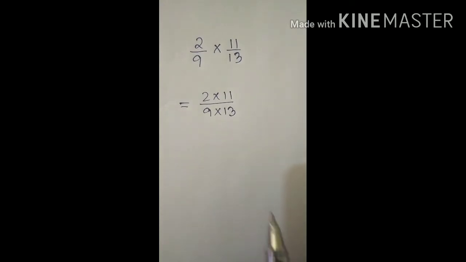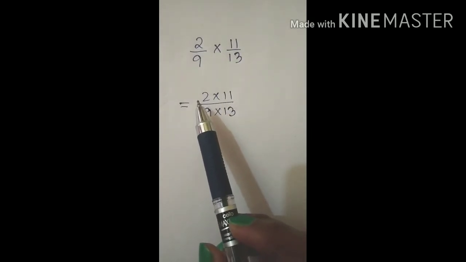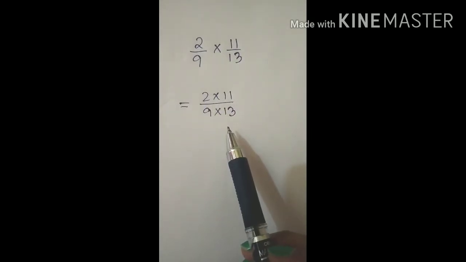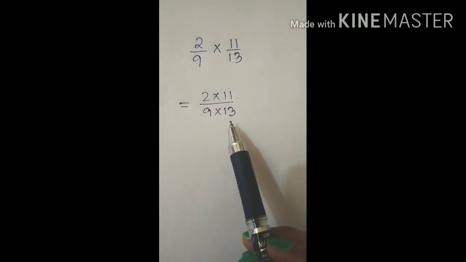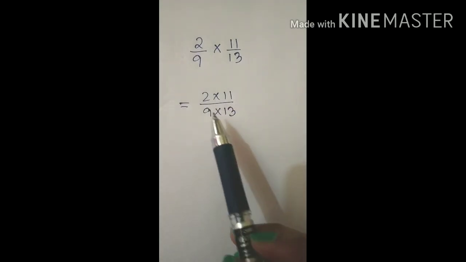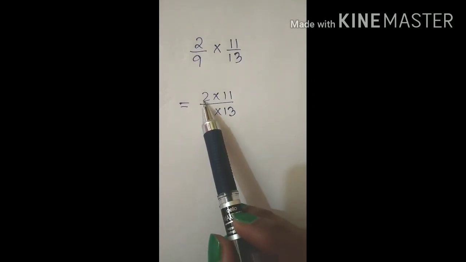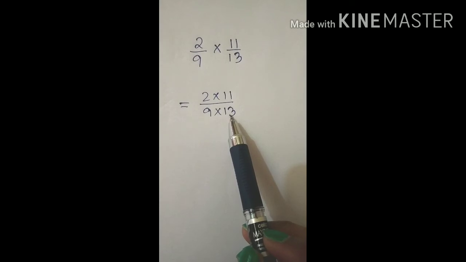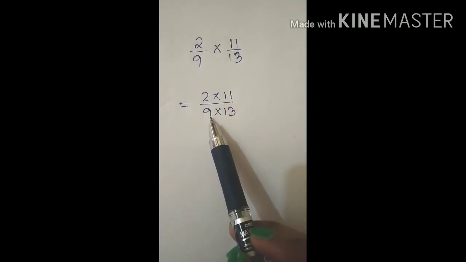Now, in order to simplify them, let us first check whether there are any common factors between the numerators and the denominators. But if we look at them, we can say that there is no common factor. There is no common factor between 2 and 13. Neither is there any common factor between 11 and 9.